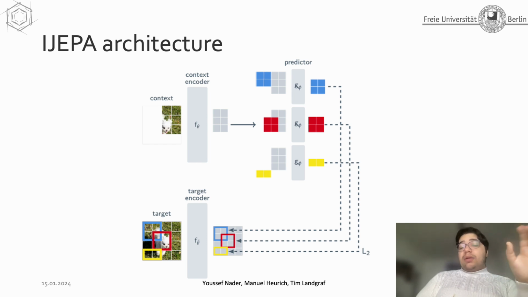Before we give them to the predictor, we put some mask tokens there to tell the model, okay, you have these representations coming out of the context encoder, we want to predict these four top left corner patches. We give this to the predictor, and the predictor is going to produce representations for the blue corner.